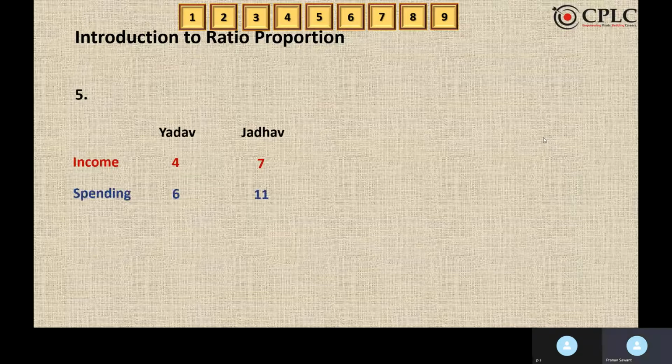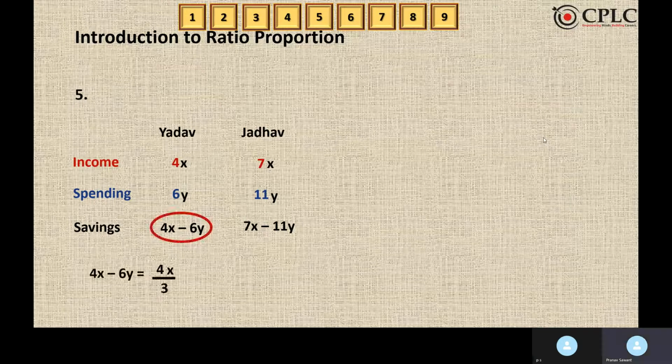Let the incomes of Yadav and Jadhav be 4x and 7x, and spendings be 6y and 11y. We know that income minus spending will give us the savings. According to the condition given in the question, savings of Yadav is one third of income of Yadav.